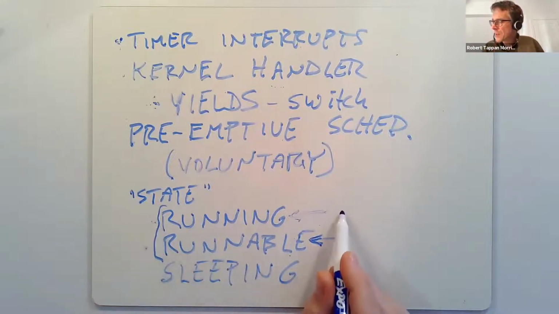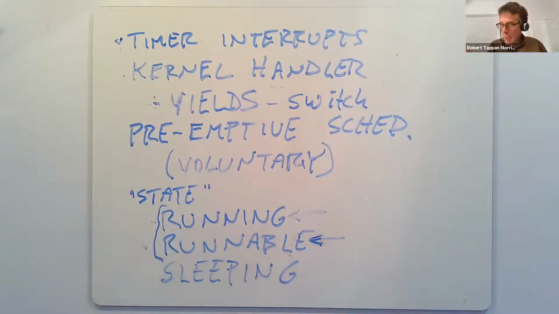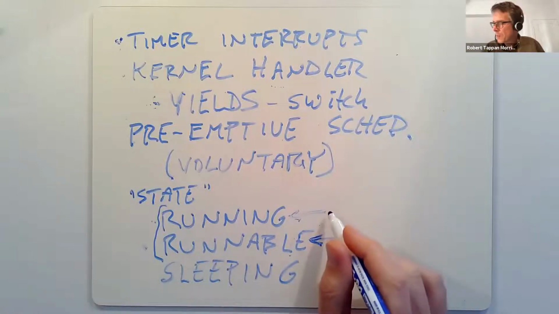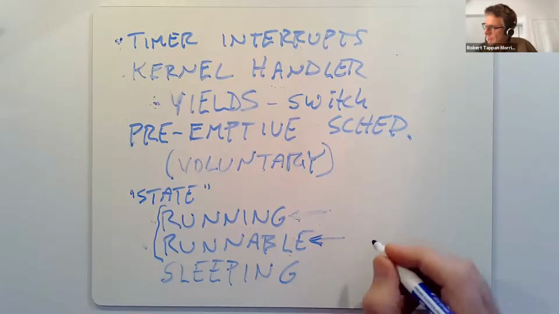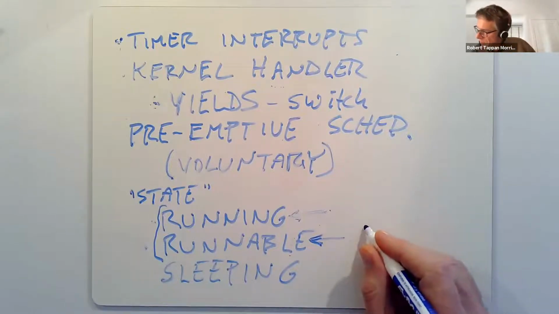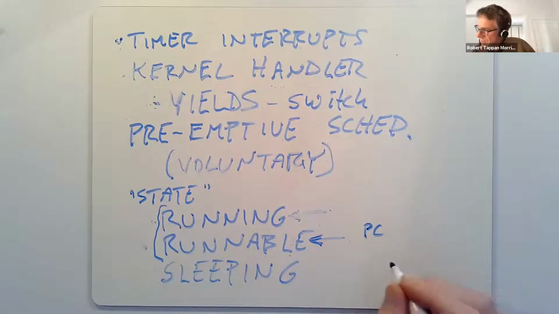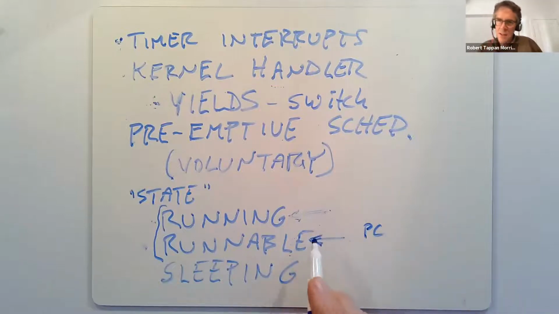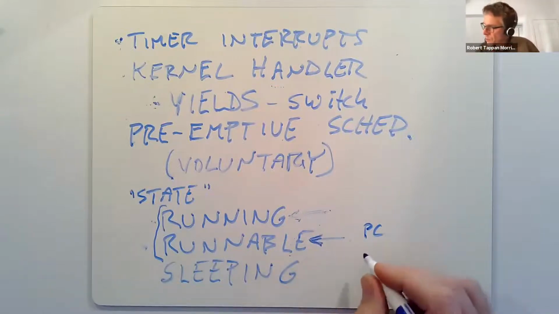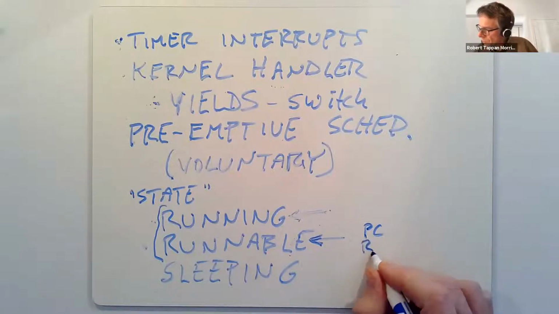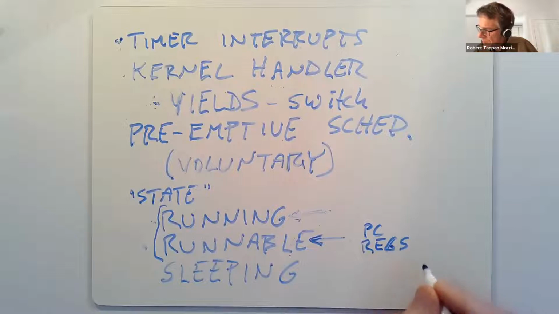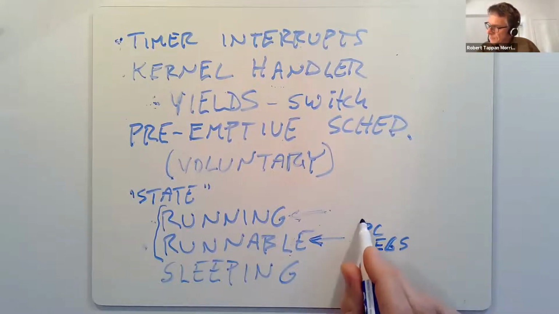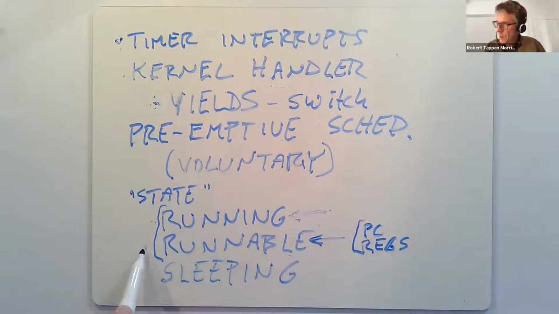So we need to copy the CPU contents, which is not RAM, but just registers really, from the CPU into memory somewhere to save them when we turn a thread from running to runnable. The state we have to explicitly save is just the executing state in the CPU, which is the program counter and the registers. So these need to be saved when we convert a thread to runnable.